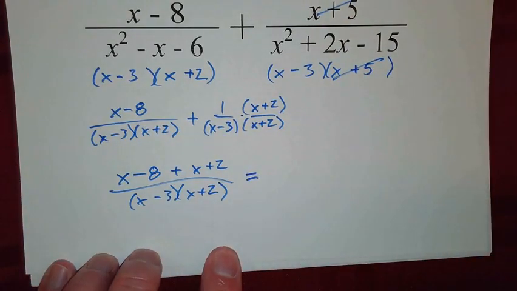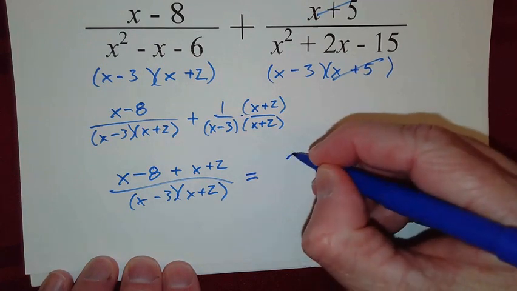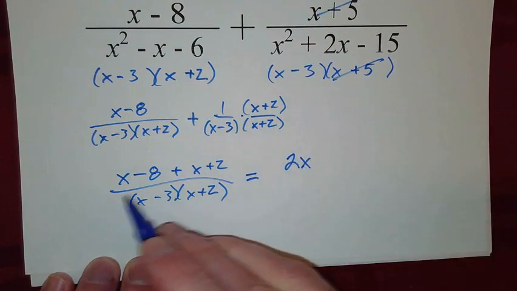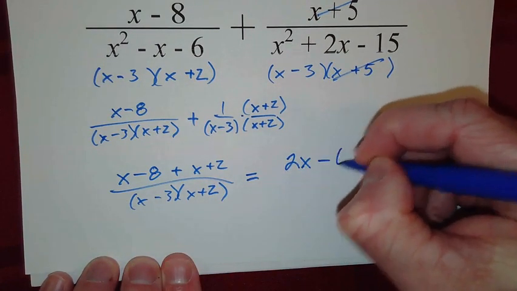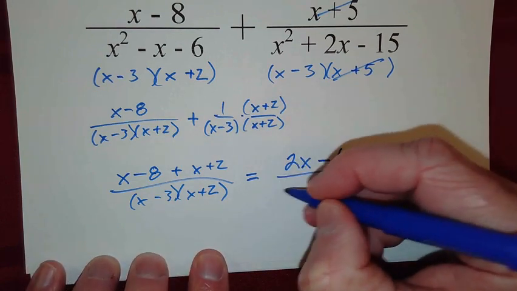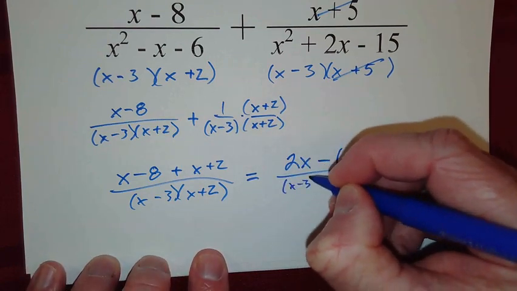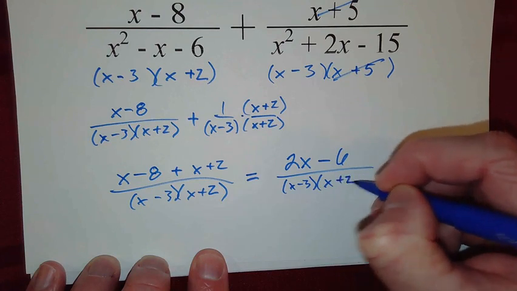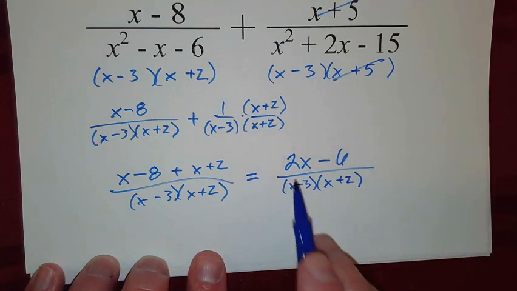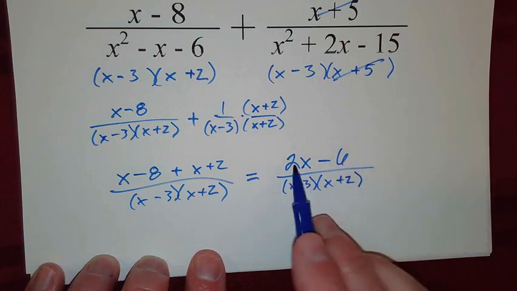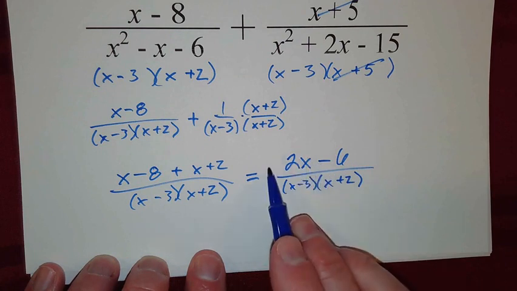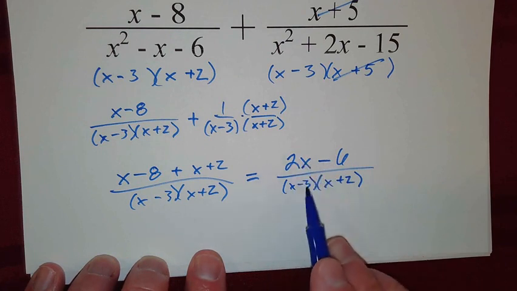And finally, combine those like terms. x plus x is 2x. Negative 8 plus 2 is negative 6. All divided by x minus 3 times x plus 2. And look at that, 2x minus 6. If I factor that 2 out, I'm left with x minus 3, which does cancel out with that denominator.